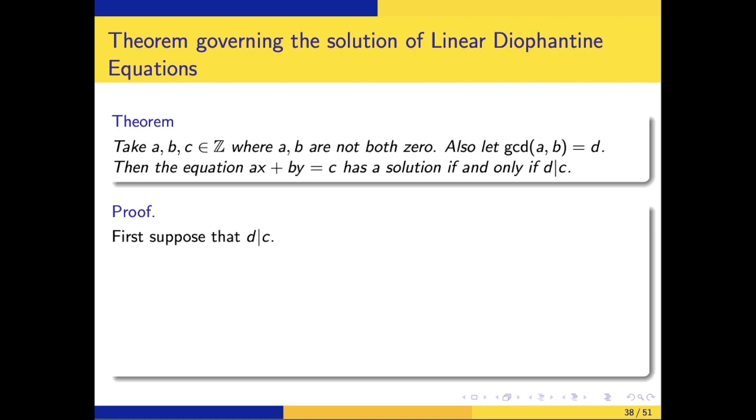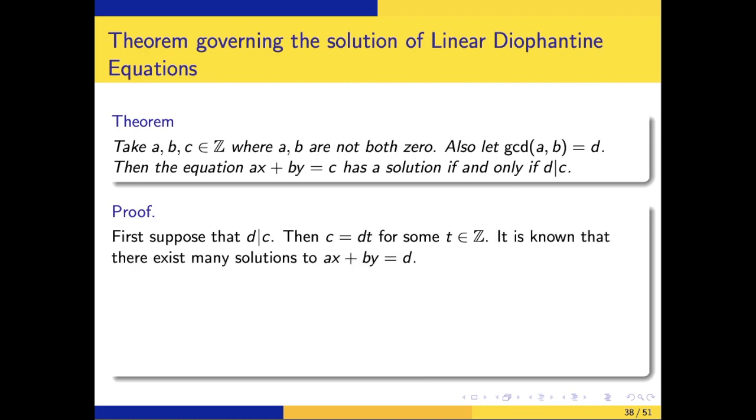So to prove this, we first consider what happens if d divides c. If d divides c, then c is equal to dt, where t is some integer. It is known that there exist solutions to ax plus by equals d, which we proved earlier, because d is the GCD of a and b. And let x naught and y naught be a particular solution to ax plus by equals d.